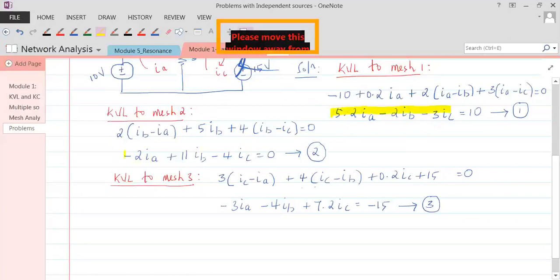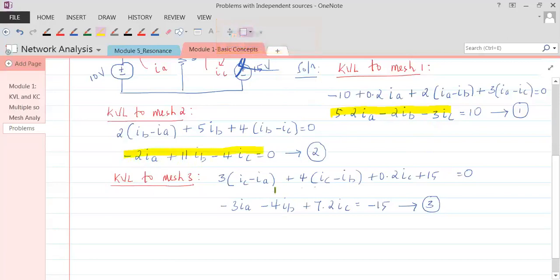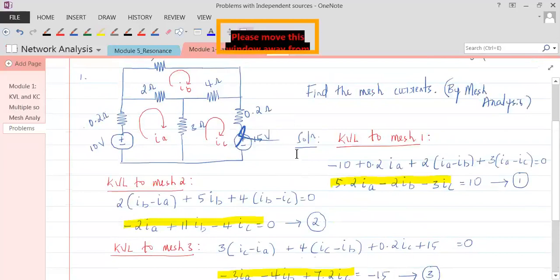In this equation, IB is positive because this is the mesh 2 equation. The other terms are negative. In this equation, IA and IB terms are negative, whereas the IC term is positive. That means whichever mesh you are in, the current in that mesh would be a positive entity. Everybody understand that point?